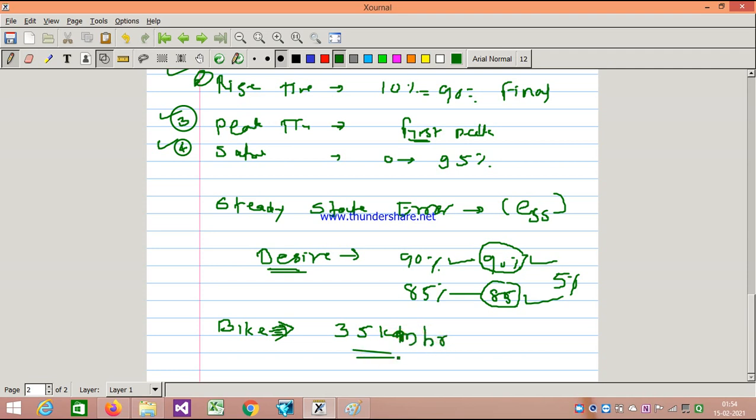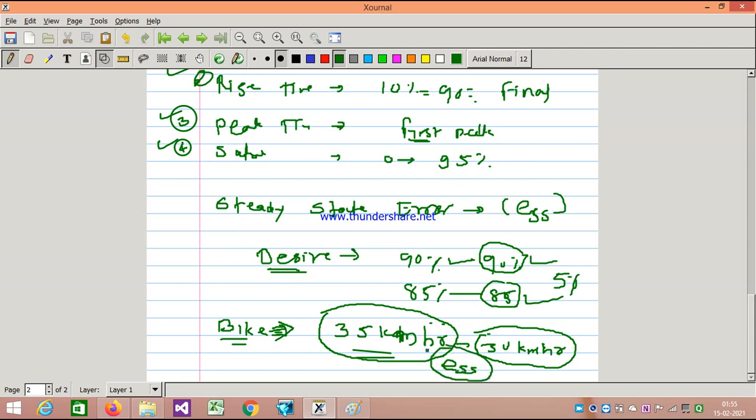But when we actually use the bike, we get to know that it never gives 35 kilometers per hour, it gives only 30 kilometers per hour because of some reason. So the ideal value of the bike's average is 35, but when we use it, it gives only 30. So the difference between both is called ESS, the steady state error, or steady state difference.